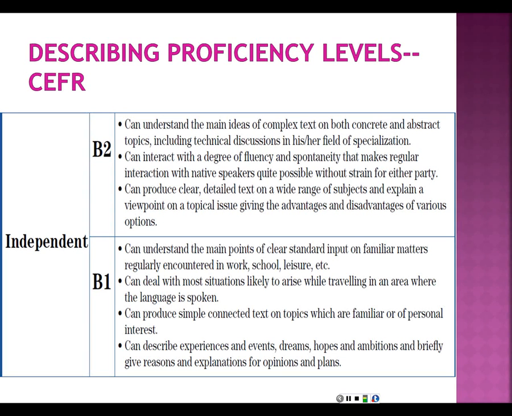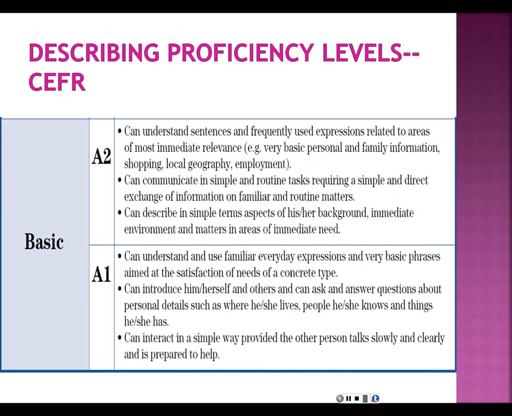The learner can produce simple connected text on topics which are familiar or of personal interest. So this addresses writing, what the language learner uses in terms of generating written text. Can describe experiences, and this would be in spoken and written form. Experience and events, dreams, hopes, and ambitions, and briefly give reasons and explanations for opinions and plans.